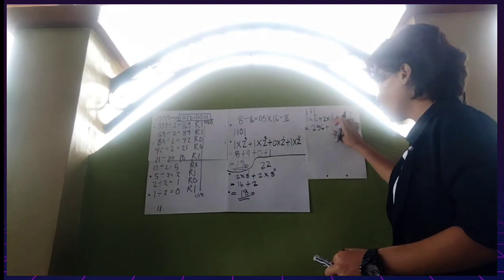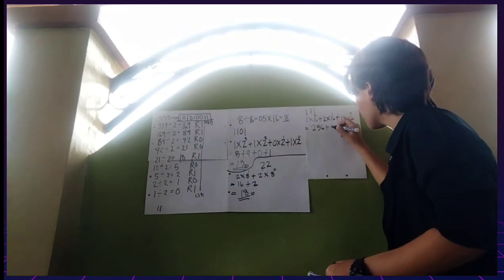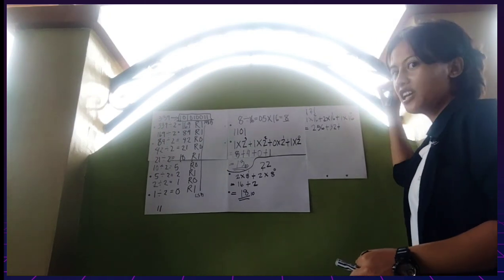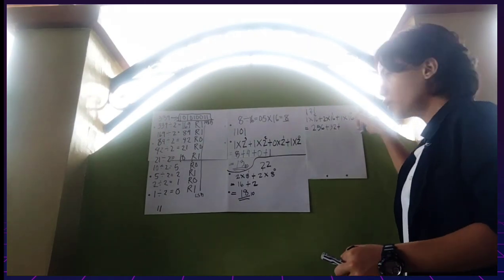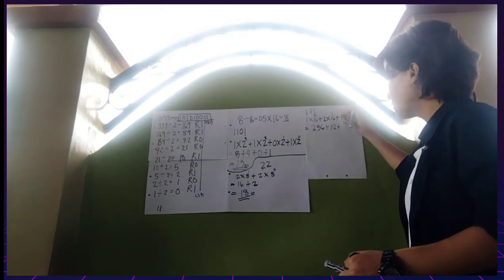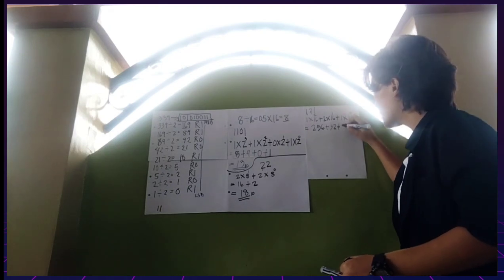With 32 times 1 is still 32. So 32. Plus 1 times 16, of course, if the base has a power of 0, we don't need to multiply it. Instead, we copy the given number here, which is 1.